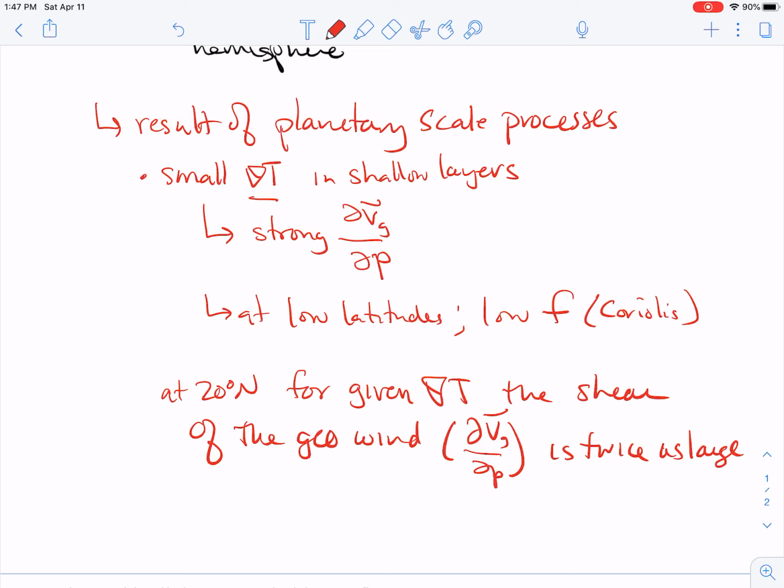And so our subtropical jet streams are a nearly continuous, over time and space, jet stream that is associated with small temperature gradients but have strong shear because of their latitude of origin, where we can have, for a given temperature gradient, twice as much shear at 20 degrees north than at 40 degrees north. And typically being on the north side of subtropical ridges further enhances those jet streams.